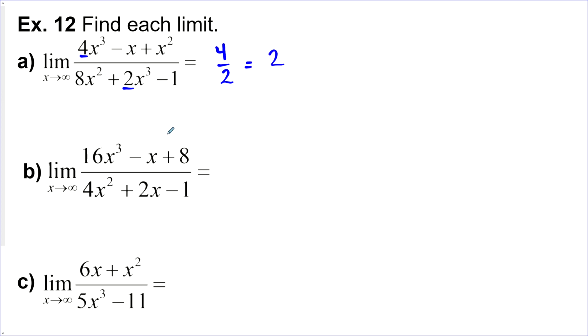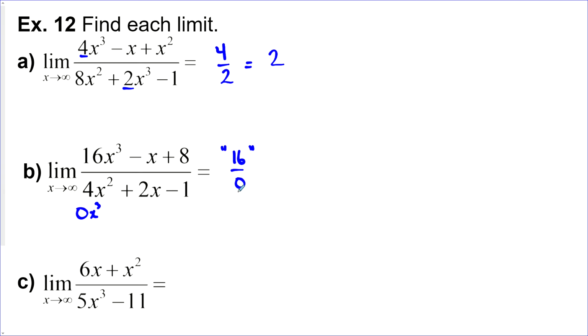Let's do the next one here. We've got 16 as a coefficient of the highest powered x, and we don't have any x cubed in the denominator, so essentially that would be 0 x cubes down here. So this would be 16 over "0", and I put it in quotations because I can't actually have that, but I can see where that's going to go.